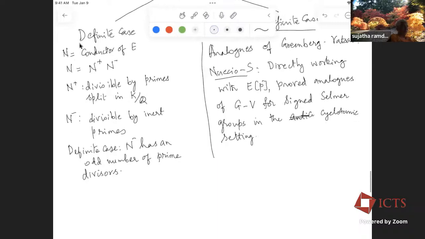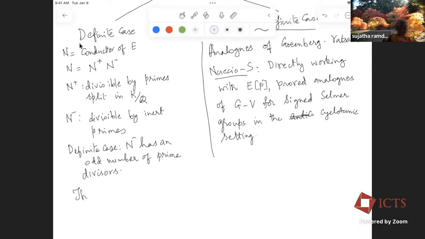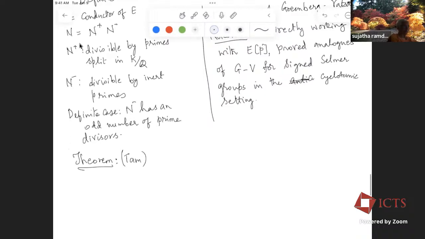But today, what I want to say is this theorem. This is due to a current PhD student of mine, Pam, who proved the following. Okay, you need some technical hypotheses.